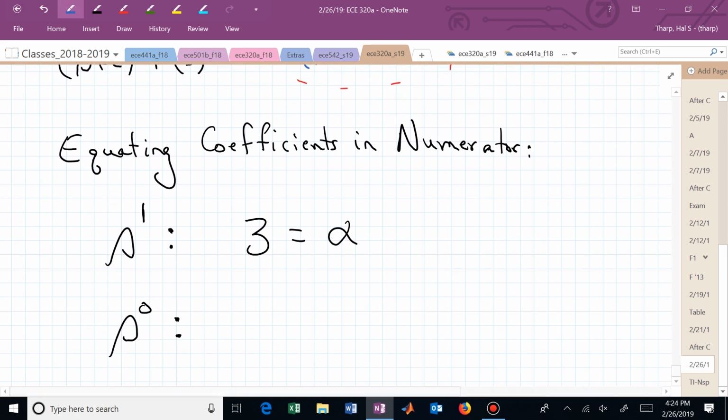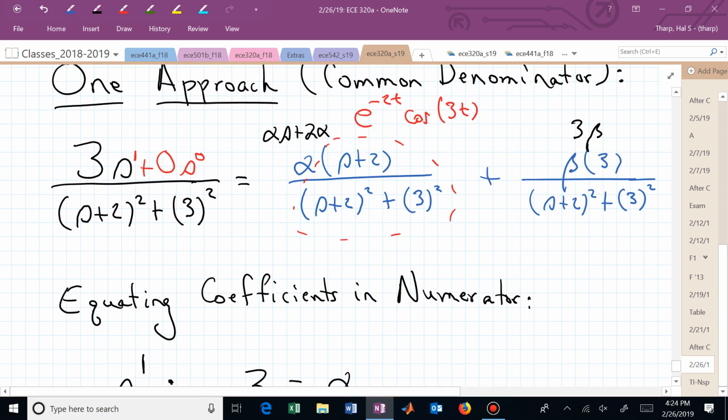Nothing. It's 0. What's on the right? What are my constant terms? That's what I'm setting equal to 0, correct? S to the 0 is my constant term. That's my constant coefficient. That's 0 on the left. On the right, it's 2 alpha plus 3 beta.